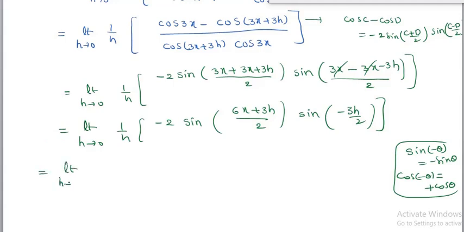So limit h tends to 0, 1/h, plus 2 sin((6x+3h)/2) sin(3h/2).